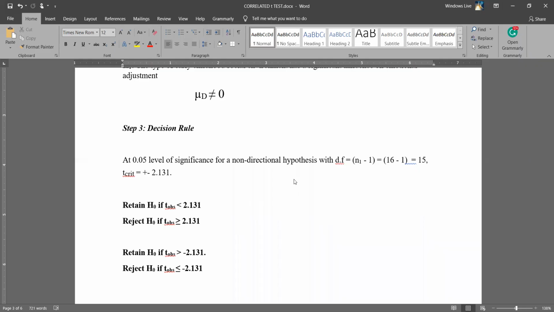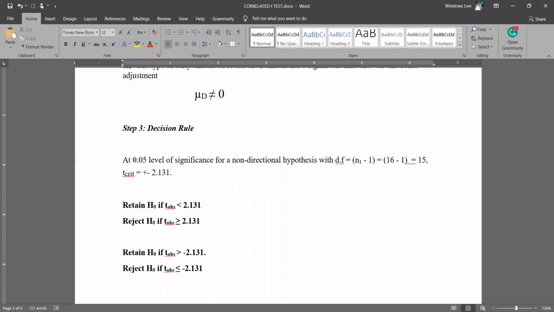That was why you went ahead to use the level of significance 0.05, whether it is directional or non-directional, and the degree of freedom to generate that critical value. So this critical value is serving as the same rule as if you were doing it using a computer or software.